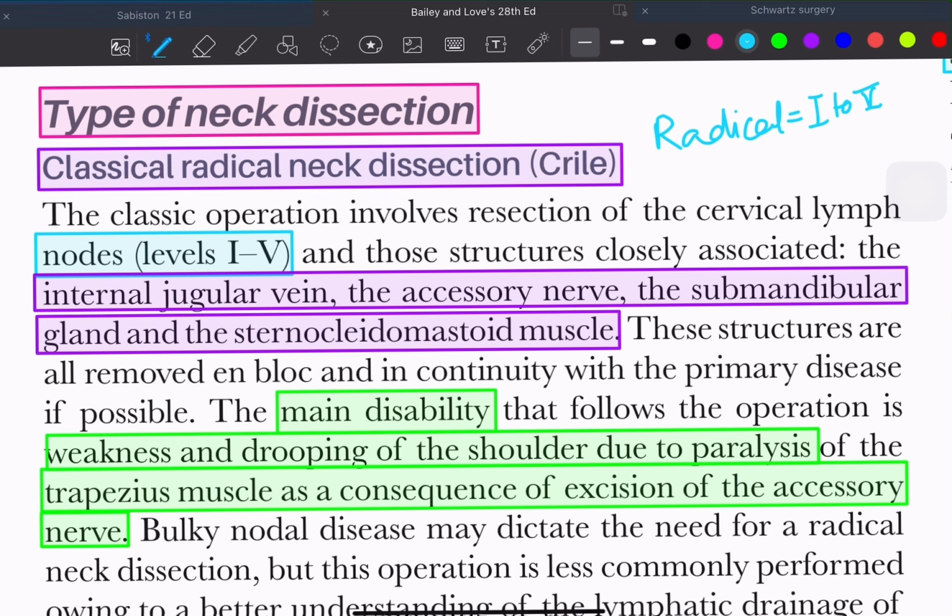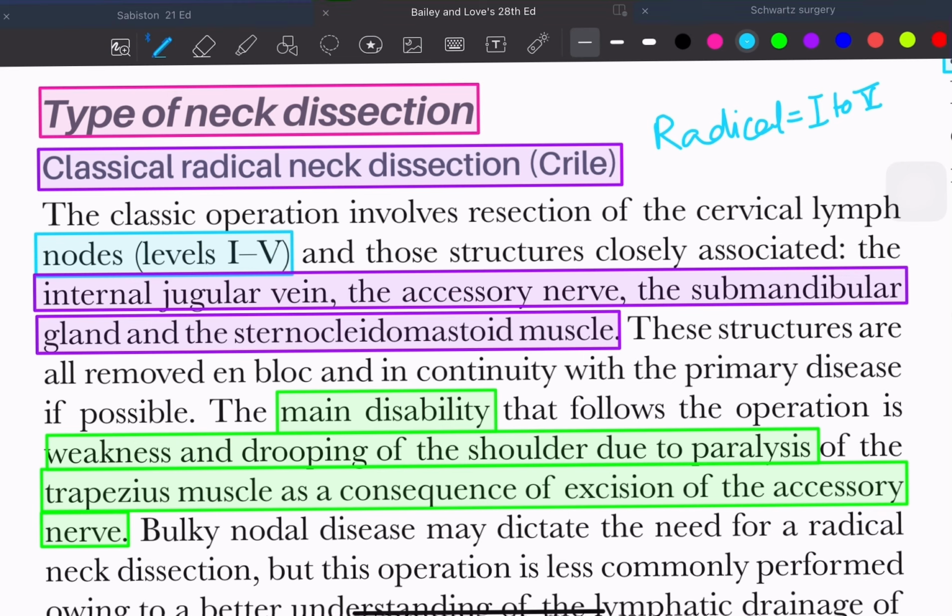Any type of radical neck dissection, you are going to remove 1 to 5. Whenever you hear radical, think about 1 to 5 groups of lymph nodes. Since this is the classical radical neck dissection, you will remove all the non-lymphatic structures present in the neck. What are the structures present in the neck? There is the internal jugular vein, accessory spinal nerve, submandibular gland, and sternocleidomastoid muscle.